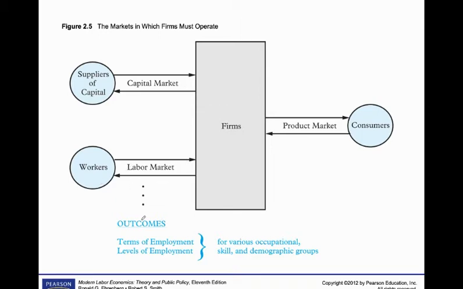Workers basically provide the skills needed by firms in the production process, and in return, firms would pay the workers in terms of wages and salaries, and there are terms of employment as well as level of employment required by the firms. Given this diagram, we find that the demand for workers is made by the firms and the supply of workers is made by the households.